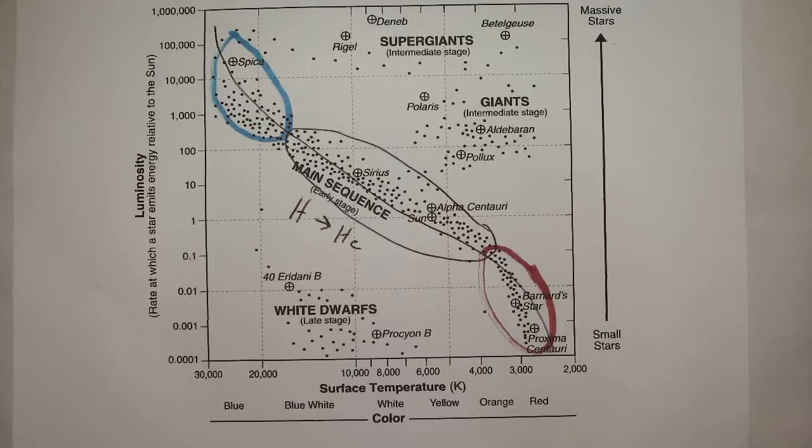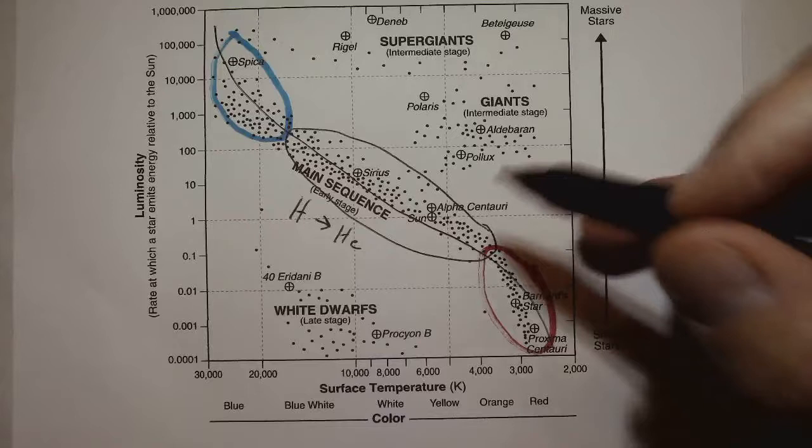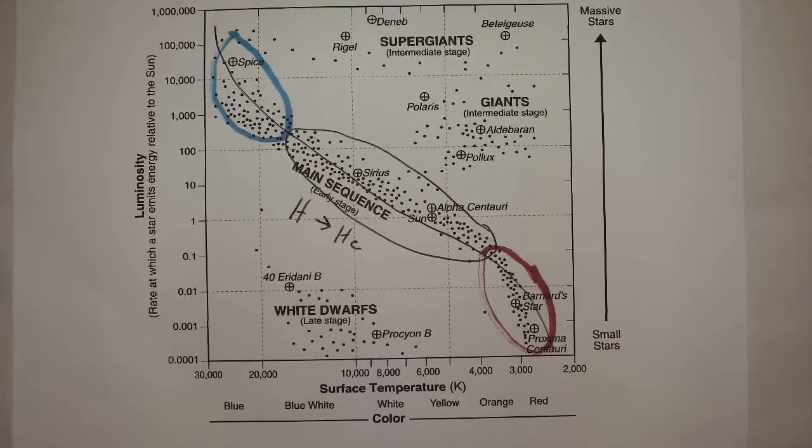After it's done burning hydrogen to helium, things change. The core collapses right away because there's no more nuclear fires to support it, and because the core collapses, it heats up tremendously adiabatically, simply by the compression of this object.